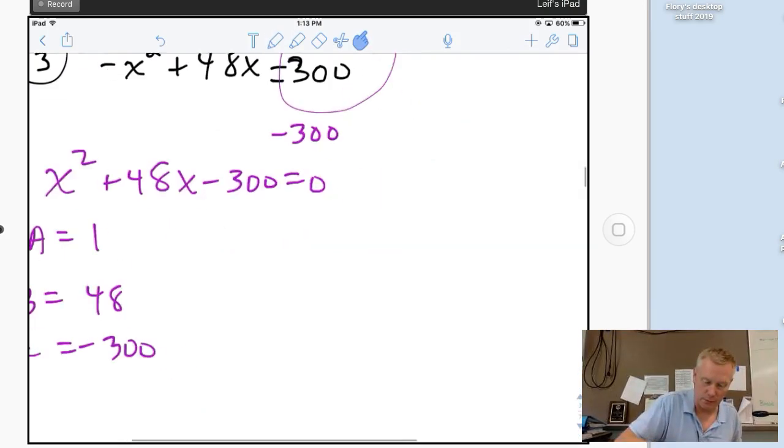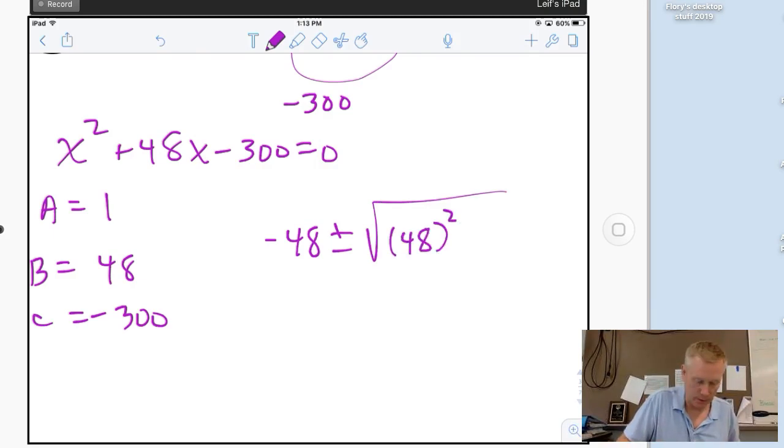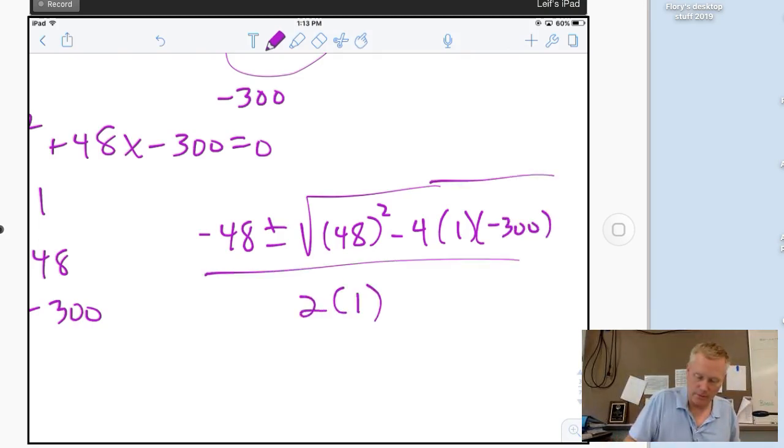Plug them into the quadratic formula. Negative B plus or minus the square root of B squared. Got some big numbers. Minus 4 times A times C, which is -300, all over 2 times A.